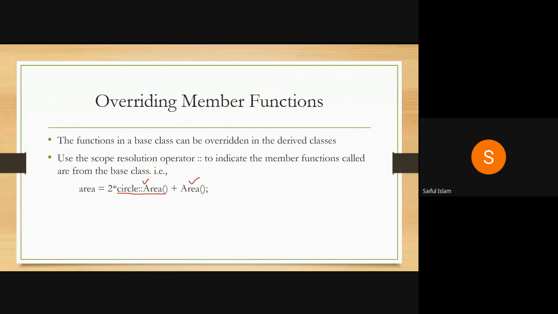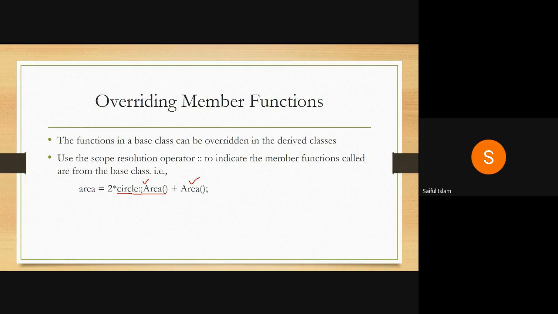Now here are two different areas. This qualifier makes it known to the compiler that I am talking about the area of a circle. This corresponds to the area of a sphere, and then we calculate the complete area of a particular solid.